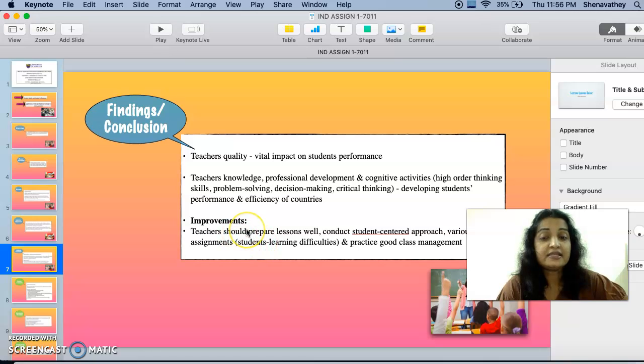However, there are certain improvements that could be made, whereby teachers should prepare lessons well, conduct a student-centered approach, utilize various assignments, especially for students with learning difficulties based on their ability and level, and teachers should also practice good class management.